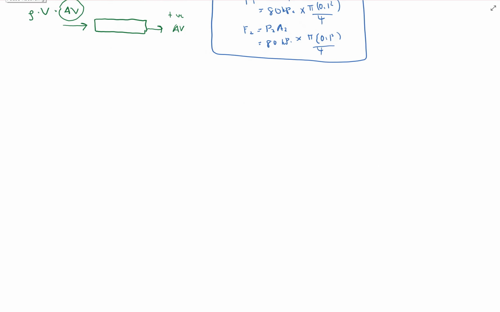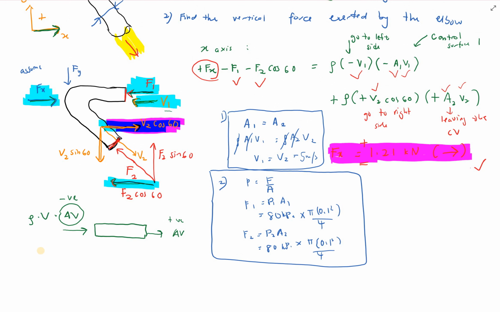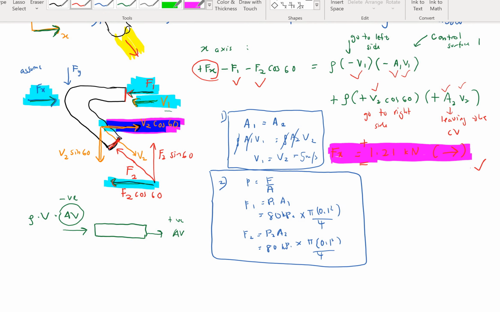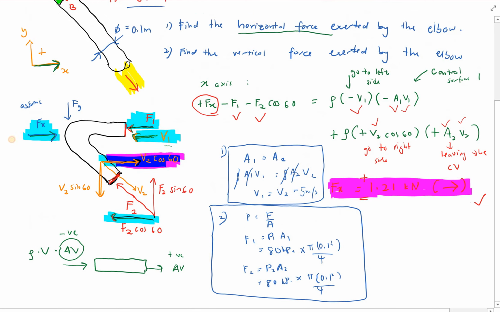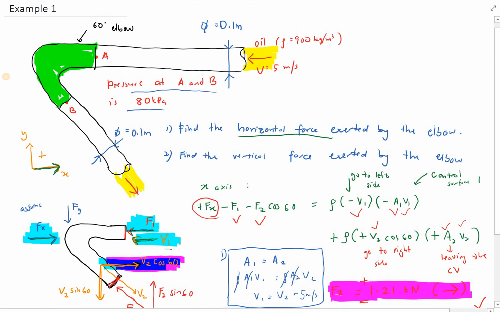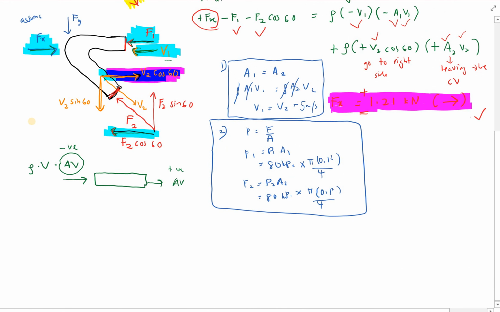Now we go to the second question. Find the vertical force exerted by the elbow, which means you need to find the Fy. Remember here, you have defined your Fy based on your control volume diagram here.